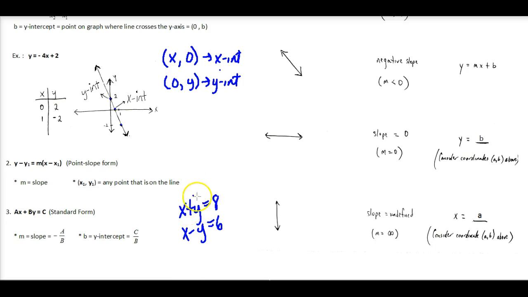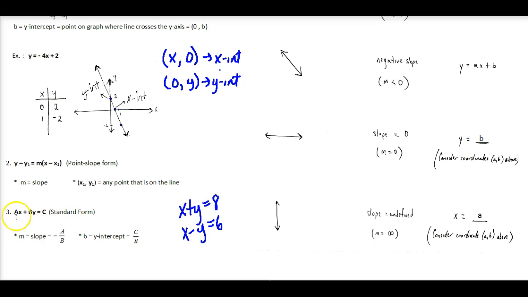We use the standard form because in this form it allows us to do either the substitution or elimination method, preferably the elimination method, of solving systems of linear equations real easy.